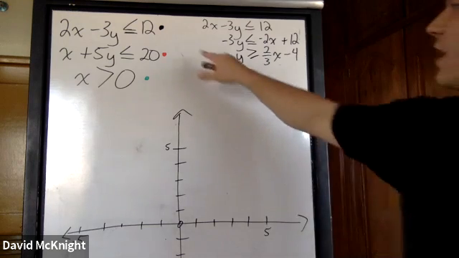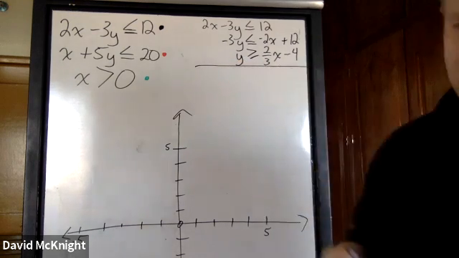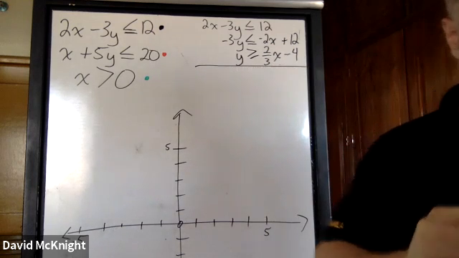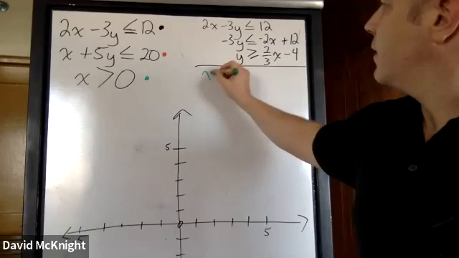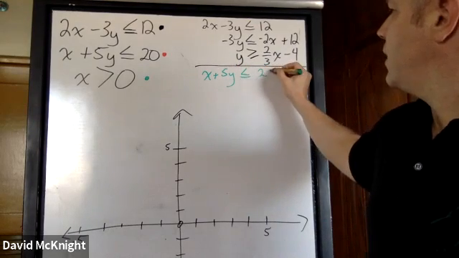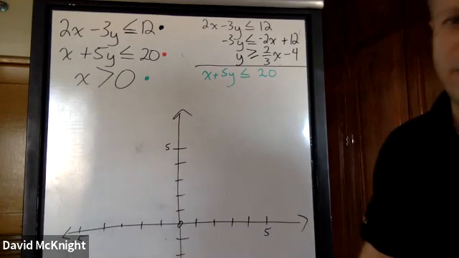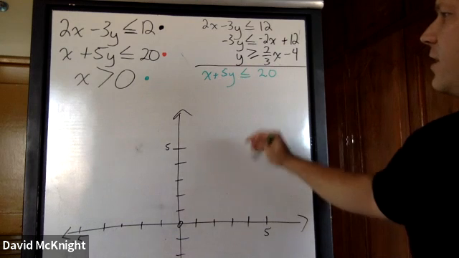Let's just also get the other inequality ready. Okay, so this is the black one. I'm going to change this to green. So the other inequality, x plus 5y is less than or equal to 20. So again, we need to isolate y. We're going to start by subtracting x from both sides.